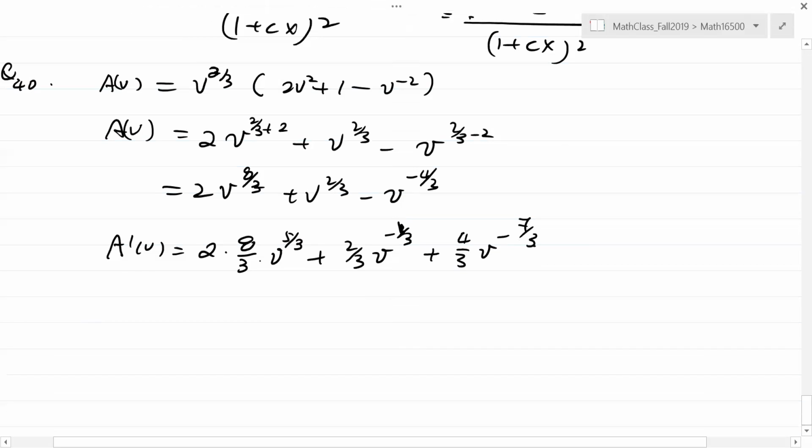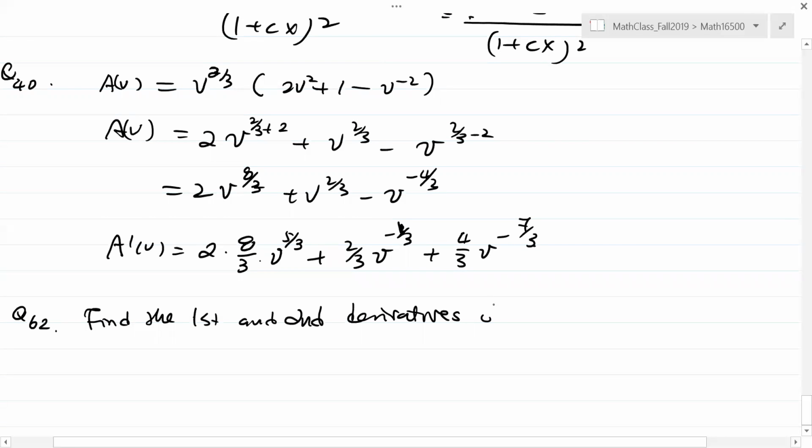All right, that's probably enough problems. Let's do a different type, like problem number 62. Okay, find the first and second derivative of the function f of x.